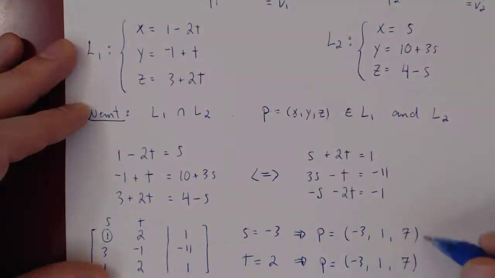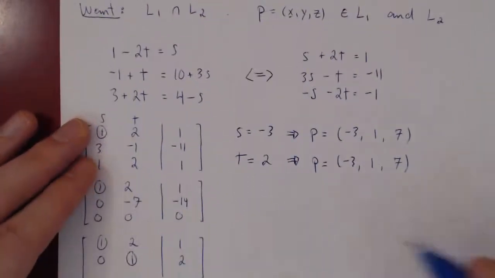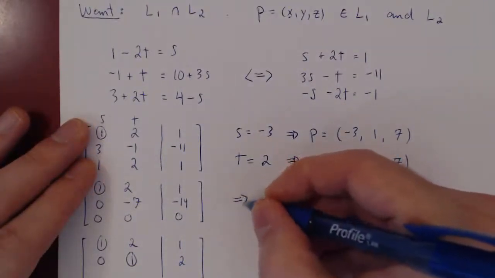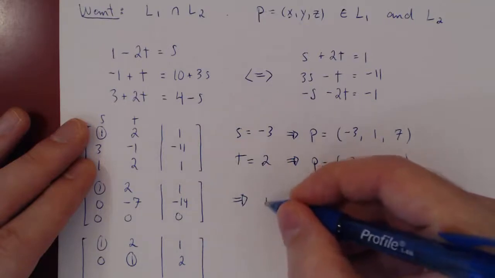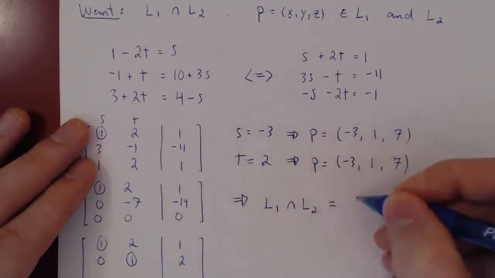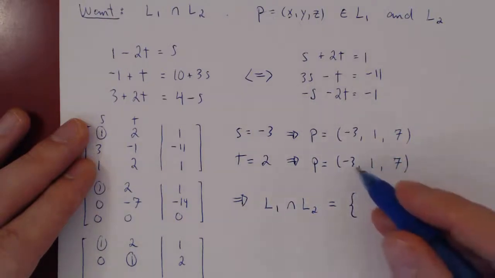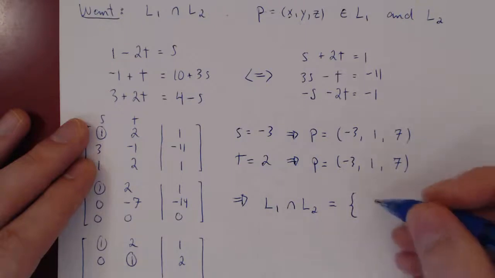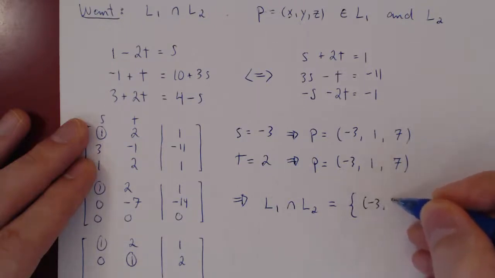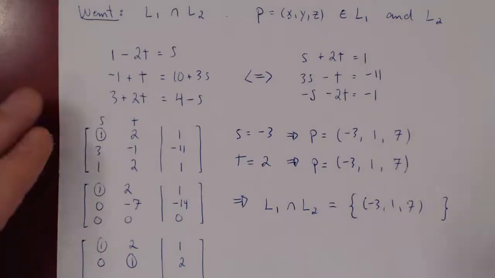And indeed, we get the same point as we had hoped. So finally, our conclusion is the intersection between line 1 and line 2 consists of the set containing the unique point negative 3, 1, and 7. And that's it.